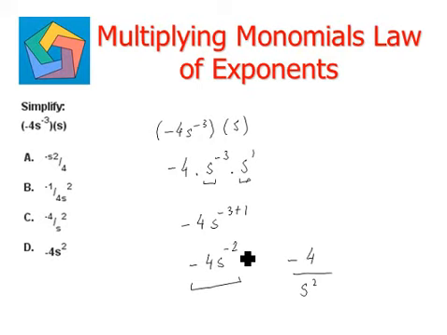When the power is negative in the numerator, it can be fixed by moving that term to the denominator and it becomes positive. So the answer becomes negative 4 divided by s to the power of 2, which is option C. Let's look at the next example.